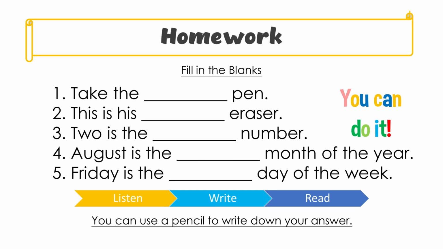Let's start with our homework. Fill in the blanks. This homework is pretty special. From number 1 to number 3, they're going to tell you the difference between cardinal number and ordinal numbers.